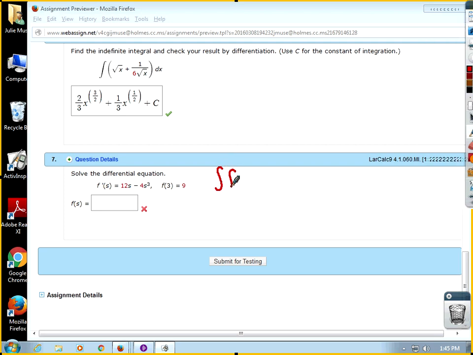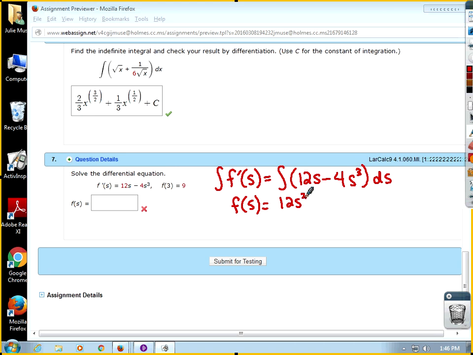They're giving us f prime of s, so when we integrate f prime of s, you're integrating the derivative. Those are like inverses, so they're going to cancel each other out. So we're integrating 12s minus 4s cubed with respect to s. The integral of f prime will just give us back f of s.